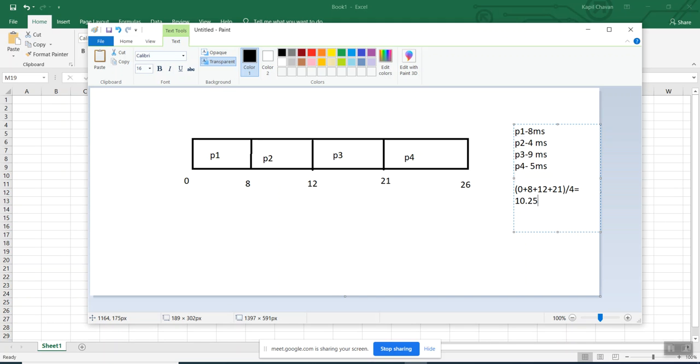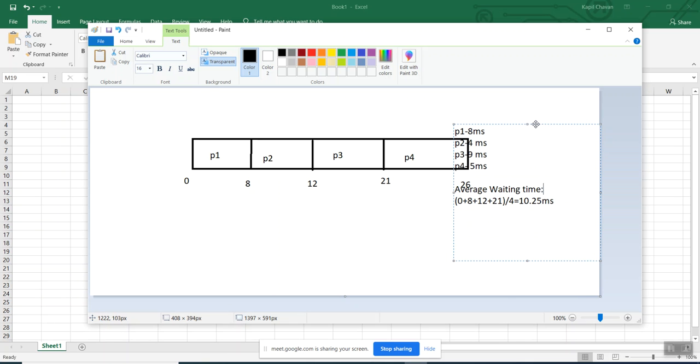10.25. Good. So that is in microseconds, nothing but your average waiting time.